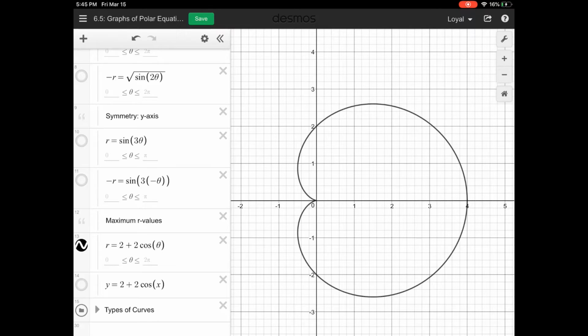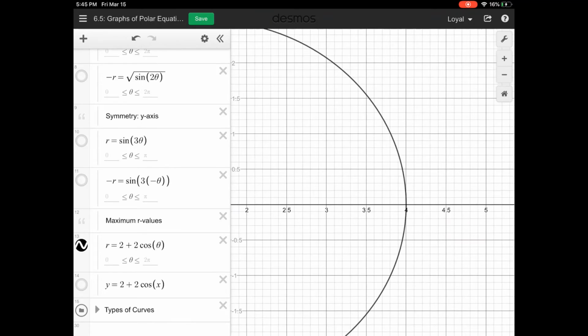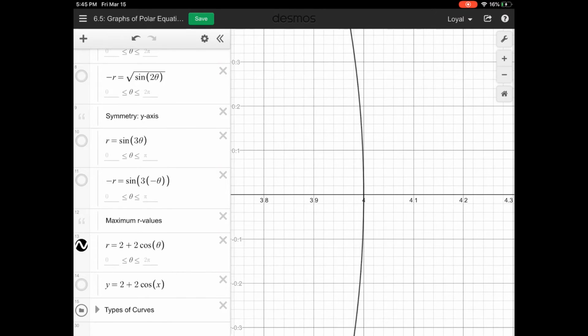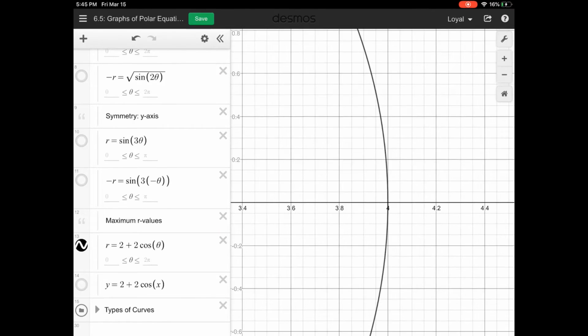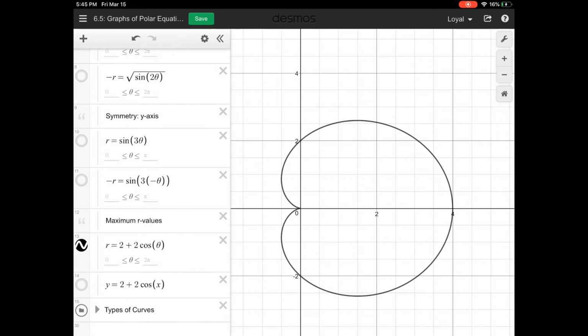And if we look at it, we can see the place that r is largest is when it goes furthest out from the origin. That'd be this point down here, this 4 right down there. That's when r is greatest, when it hits 4. But what about theta? At what point theta is r greatest?